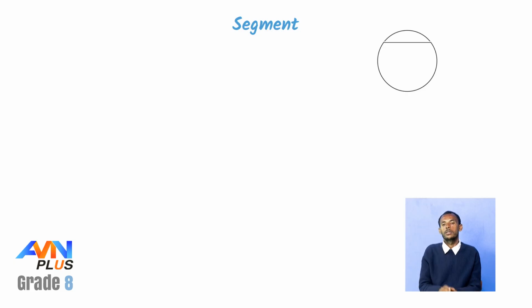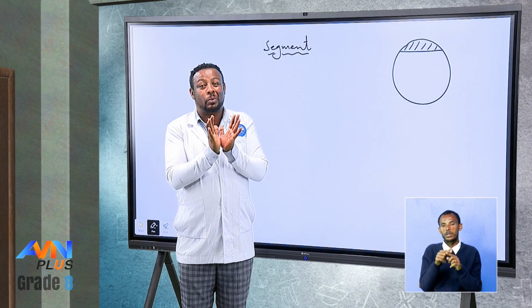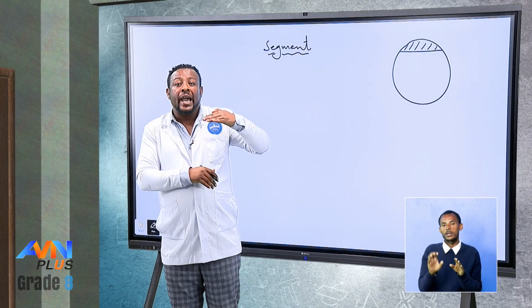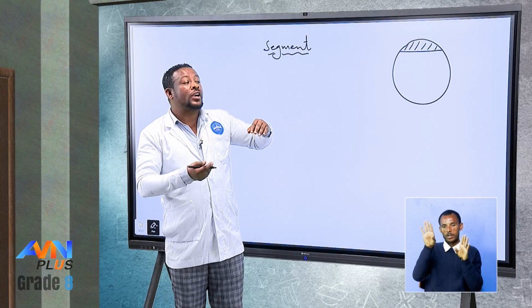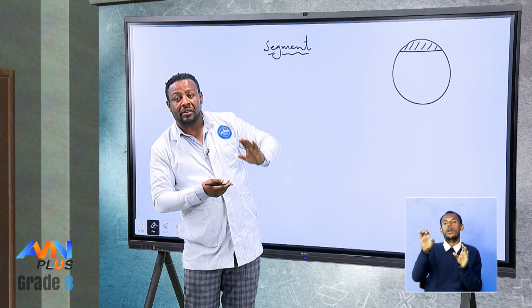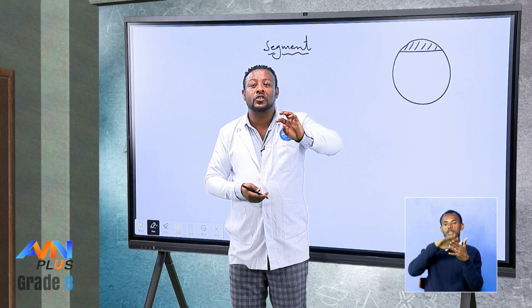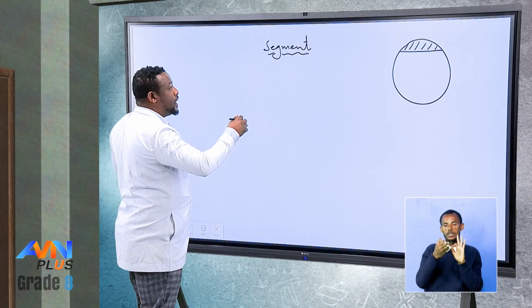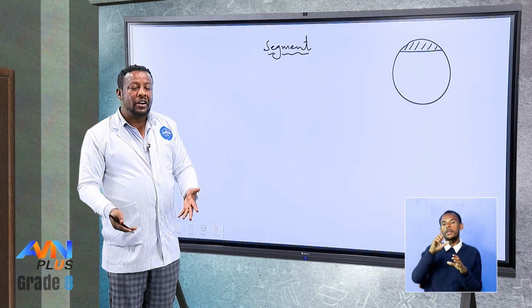In our former terminology, we have seen a sector which is enclosed by two radii and an arc. But a segment of a circle is a region enclosed by a chord and an arc, right? So this shaded region is considered as a segment based on our definition. So let me put the definition first, then we classify segment as major and minor.